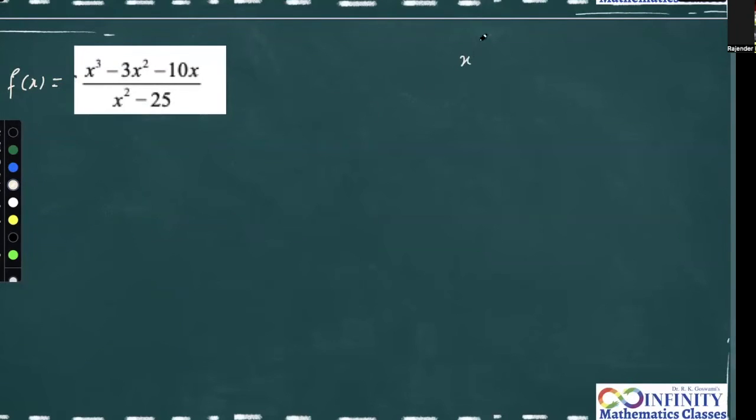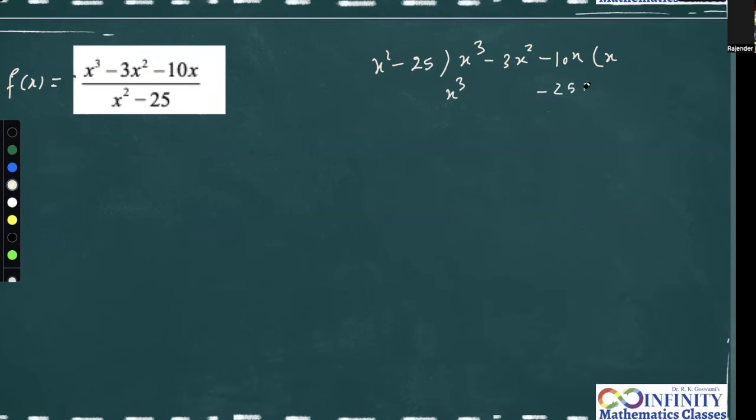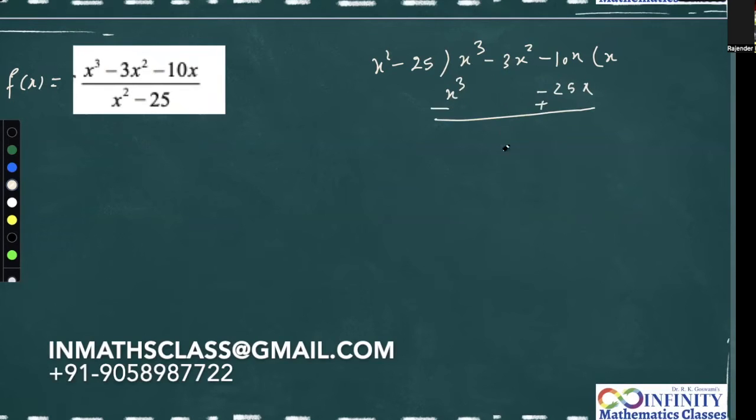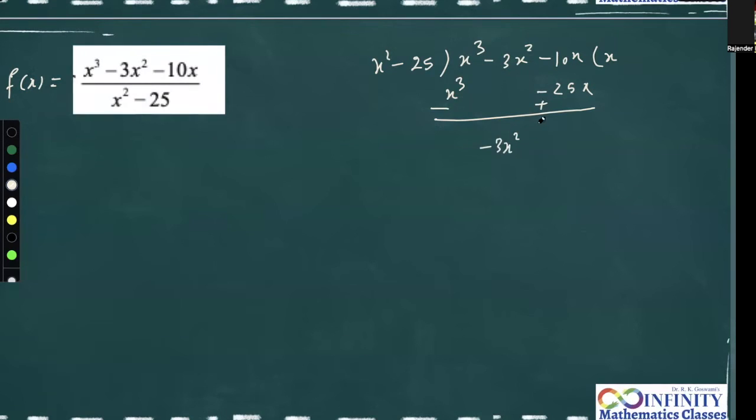Please help me in the division. x cube minus 3x square minus 10x, and I wish to divide by x square minus 25. Let me try with x. It is x cube minus 25x. Subtract. So x cube will cancel out, and I will have negative 3x square and positive 15x.